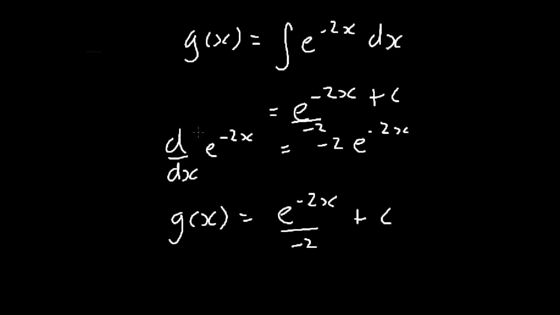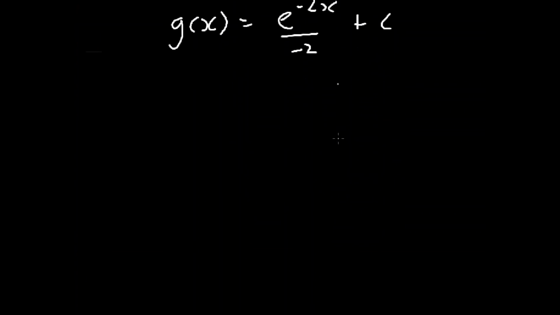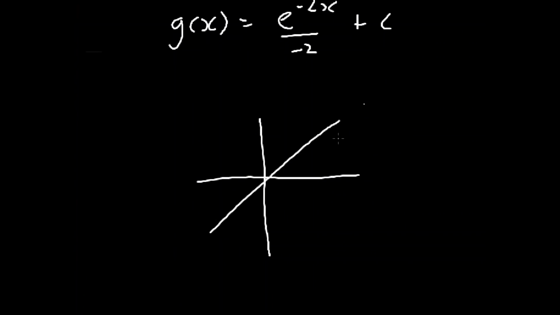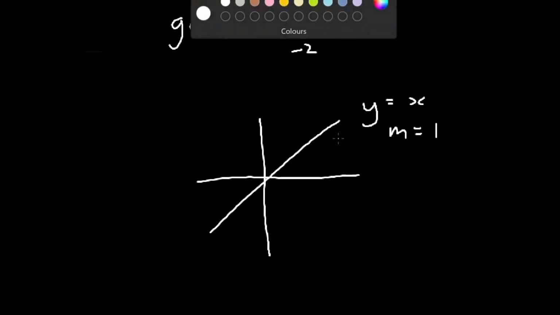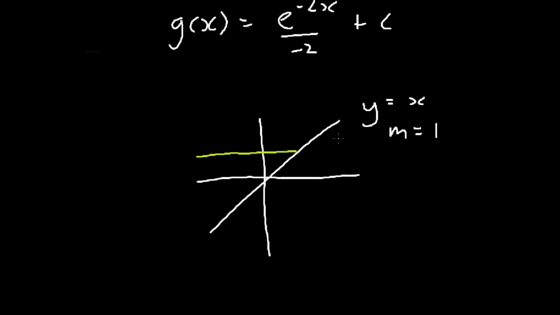Okay, so we don't know what the plus c is. It's called the integration constant, and I'm going to explain why in a little bit. If we have a line, y is equal to x, the gradient, the value of m, the rise over run, is equal to 1. Let's say I start with another function, this green one, y is equal to 1, and I integrate 1 with respect to x.